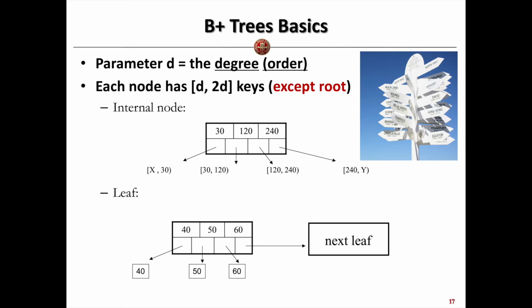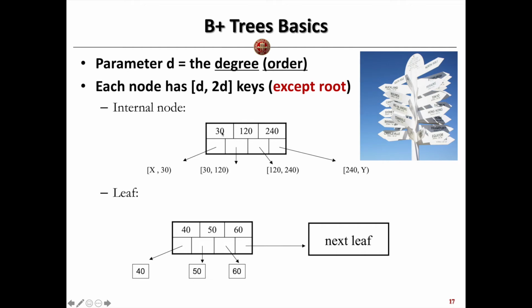So the data structure for the nodes in the B plus tree is like this. Each node has two layers. The first level actually contains the keys. The second level denotes the pointers. Now in this example, for the internal node, we have a node with 3 keys, 30, 120, 240.